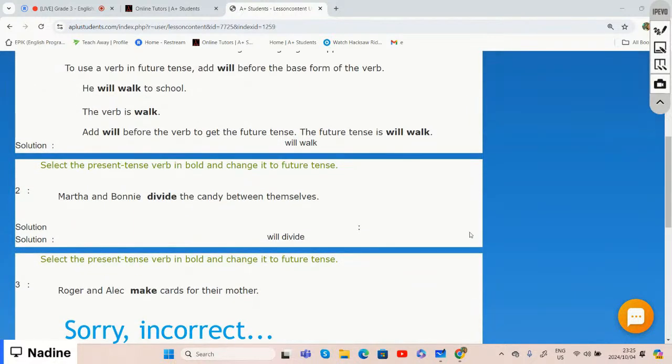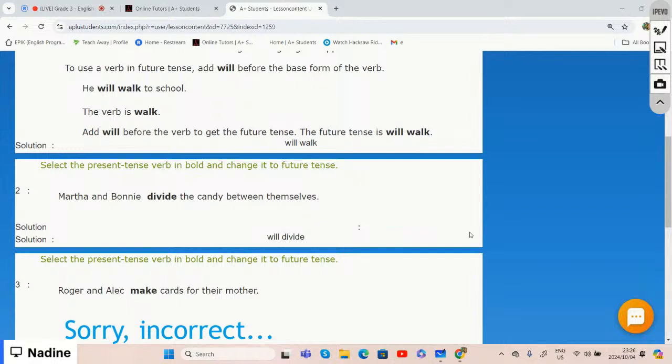It says Martha and Bonnie divide the candy between themselves.